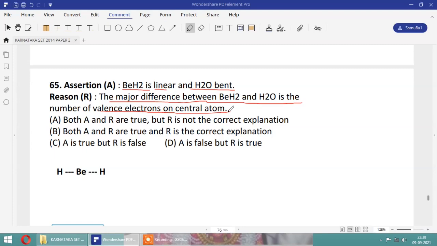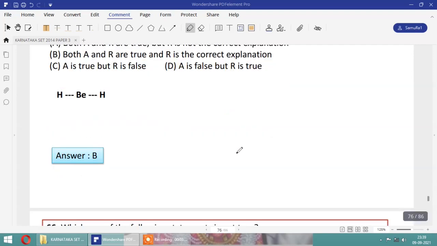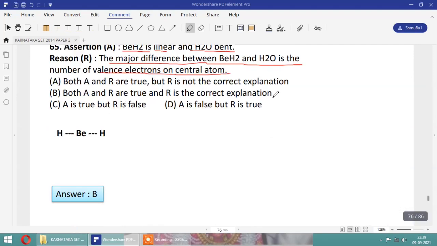Both A and R are true and R is the correct explanation. A is true but R is false. A is false but R is true. So which one is here? B is the correct option. Yes, both A and R are true, and R is the correct explanation of A. So option B is correct.